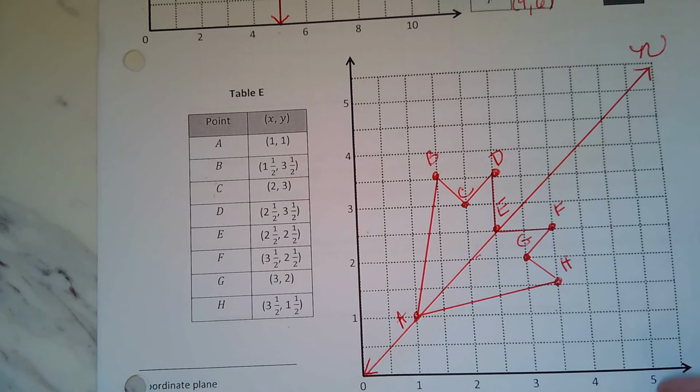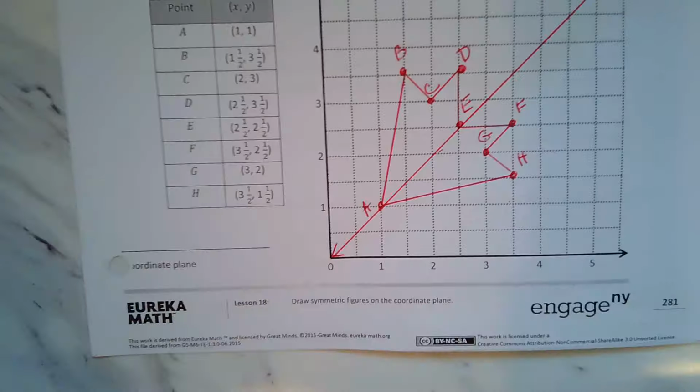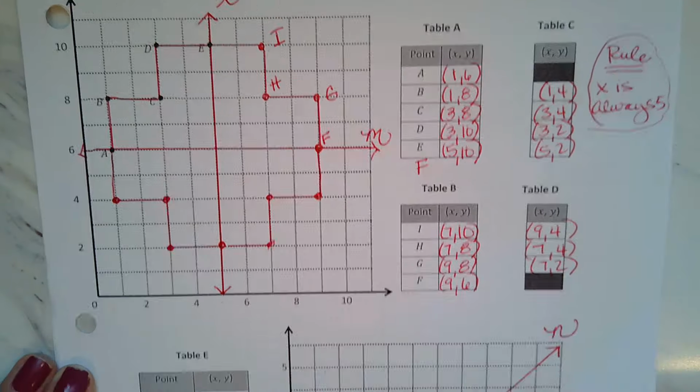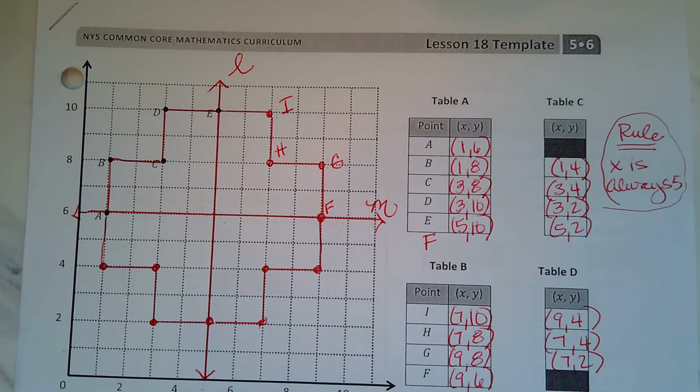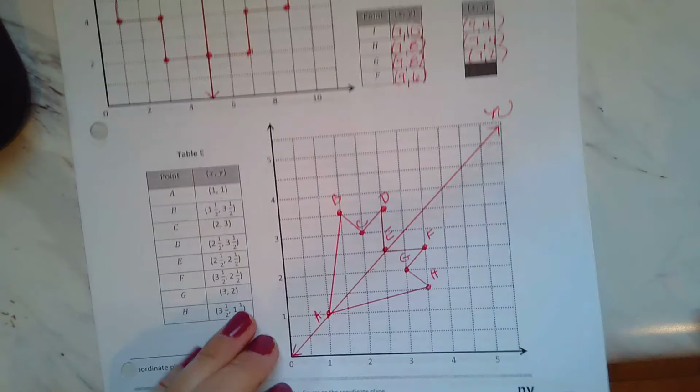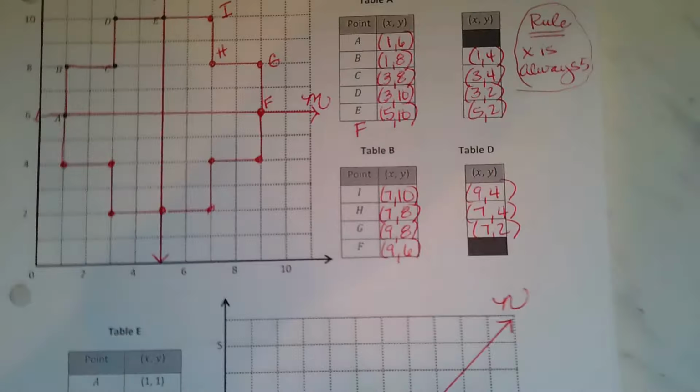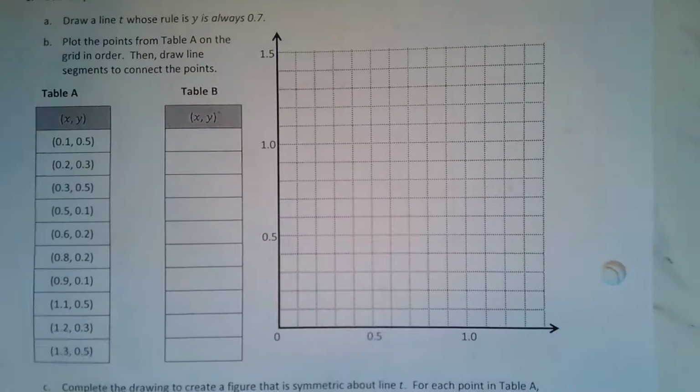This ends our concept development for Module 6, Lesson 18. Now it's time for you to take on the problem set. So let's take a look really quick at that problem set. All right, so here is your problem set.